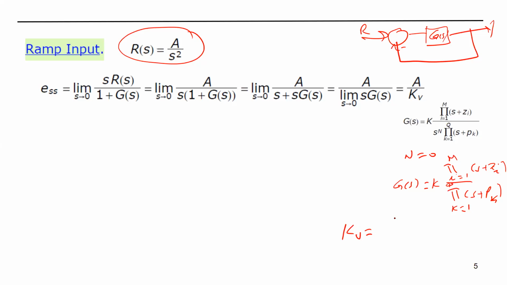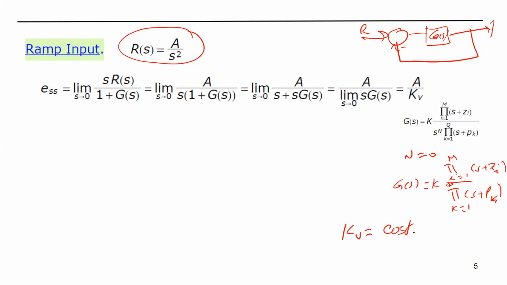Infinity. What? KV will be? Why infinity? For this, It will go to 0. Sorry. okay, look. If S goes to 0, for the ramp, it's going to be what? Look, substitute S equal to 0, what do you get? You get the multiplication of Zi over PK. So it's going to be constant.